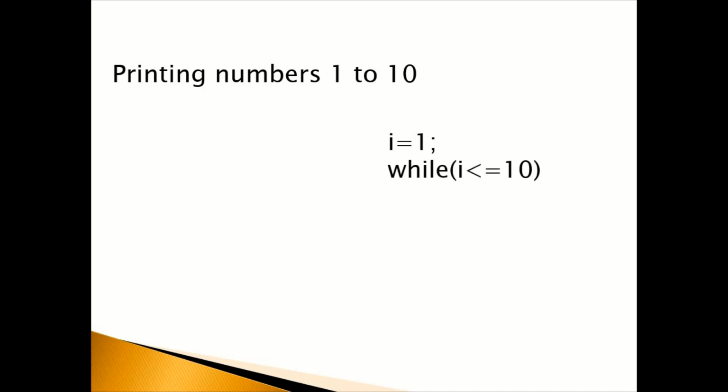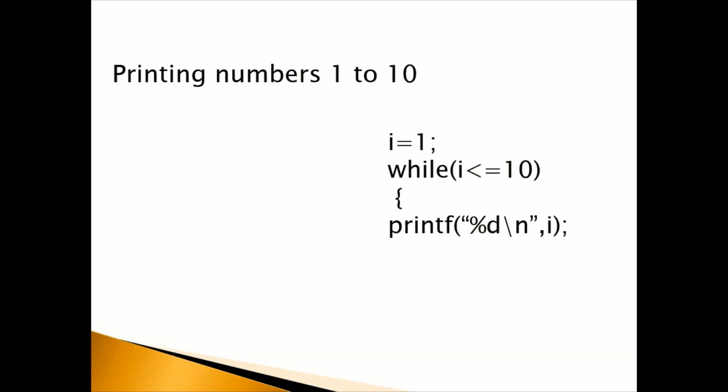Next, we have the while condition, while I less than or equal to 10. printf("%d\n", I). So in place of %d, it prints the value which is stored in I, and \n indicates that the next number should be printed on the next line.